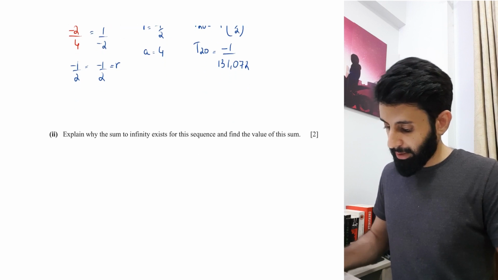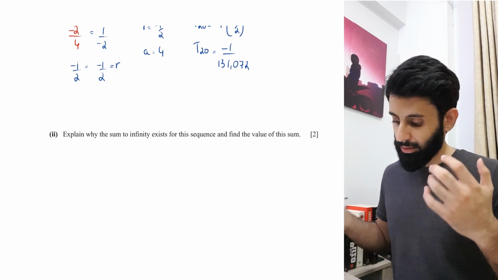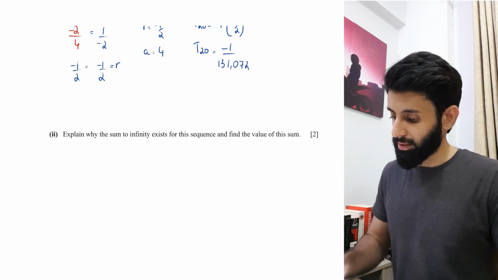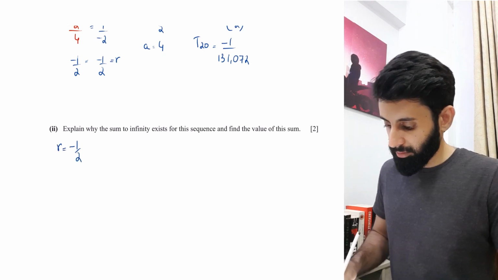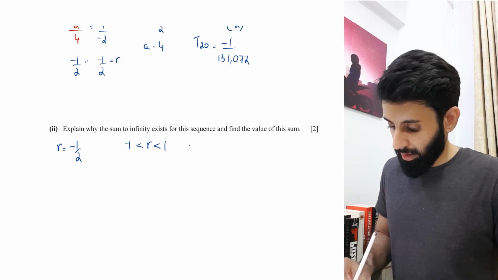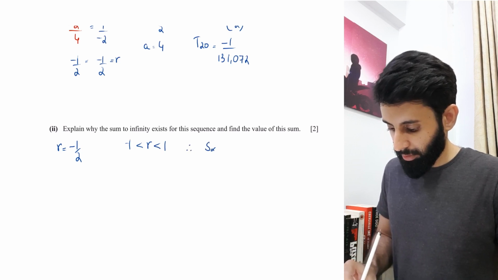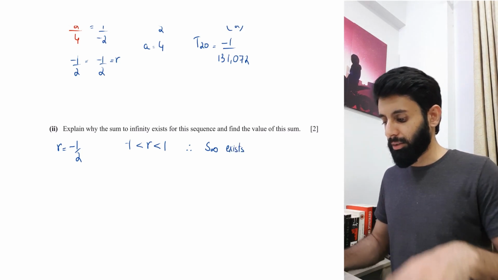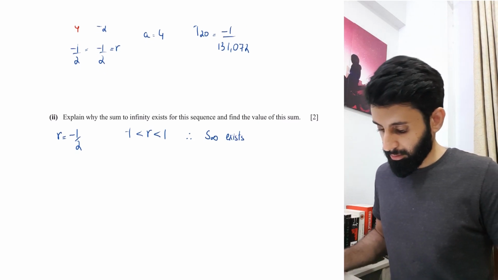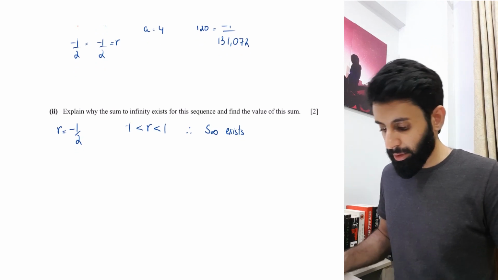Explain why the sum to infinity exists for this sequence and find the value of the sum. So because the common ratio is minus 1 upon 2, and we'll say r is between minus 1 and 1, therefore sum to infinity exists. You have to be very specific and to the point, no messing around. And then you want to find the value of the sum.